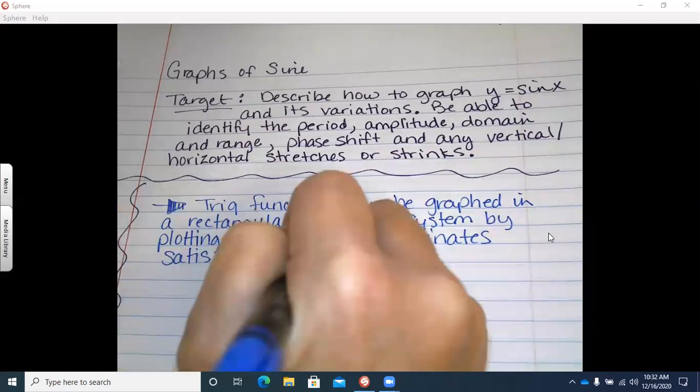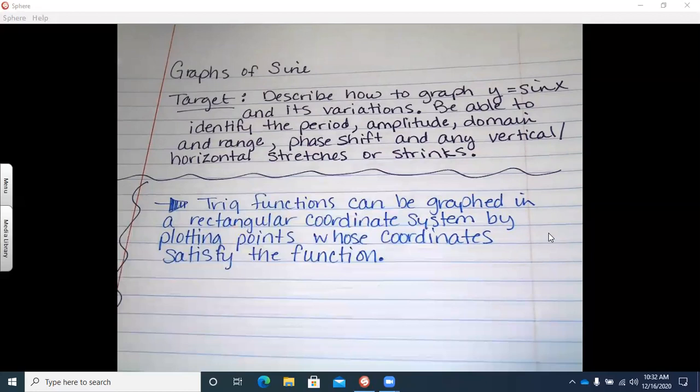We graph y equals sine of x by listing some key points on the graph.